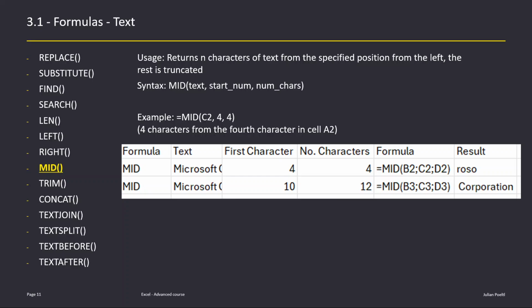The mid function returns n characters from a specific position from a text. The rest will be thrown away. For example, Microsoft Corporation, 10 characters from the 12th character on will be the word Corporation, and so on.